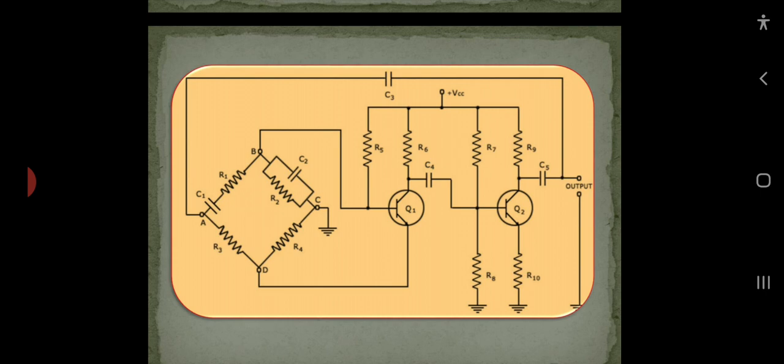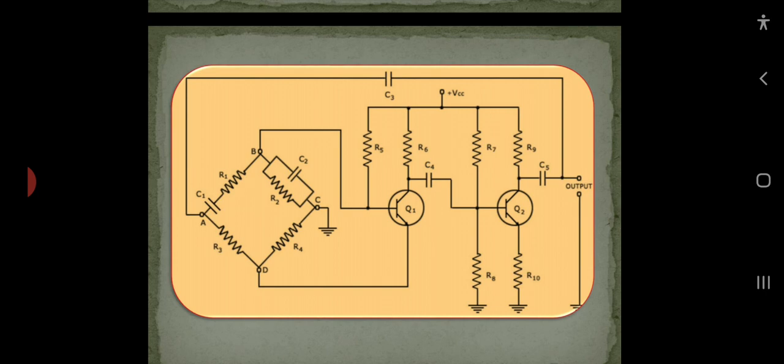R5, R6, R7, R9 are the voltage divider resistances. Various voltage drops across these resistances bias the various junctions of the transistor. Similarly, R8 and R10 are also voltage divider resistances. Basically, voltage divider biasing is used in this circuit. Now C5 is another blocking capacitor which blocks the DC component of the output signal and allows only the AC component. Similarly, the work of C3 is the same as C5.